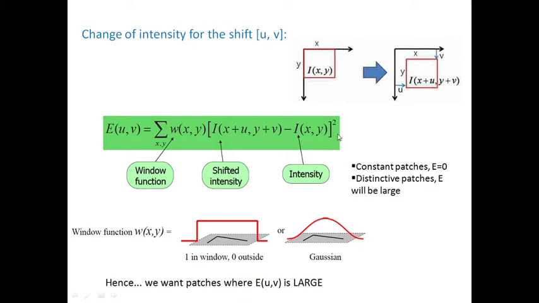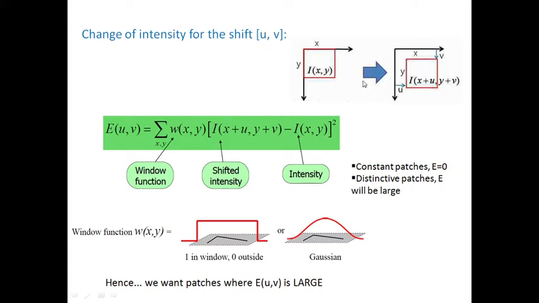If it is a homogeneous region, all the pixels are very uniform and exhibit the same intensity levels. In that case it is a constant patch, where the image has a uniform distribution of gray level values in its pixels. So for the constant patch, E is equal to 0, the change of intensity is 0.